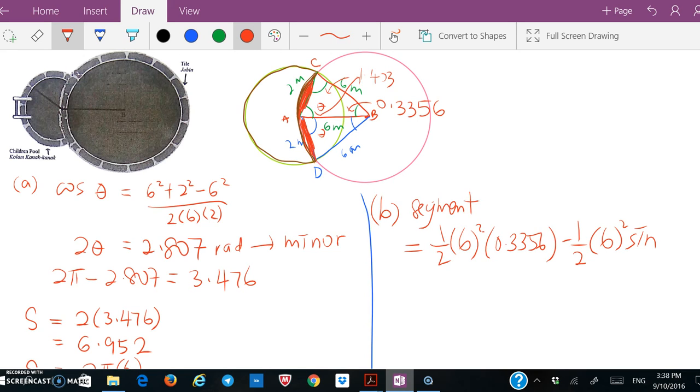Okay, the mode. Now we are going to find the sin of the angle 0.3356. The angle is 19.23. Okay, so we have this. We calculate now.